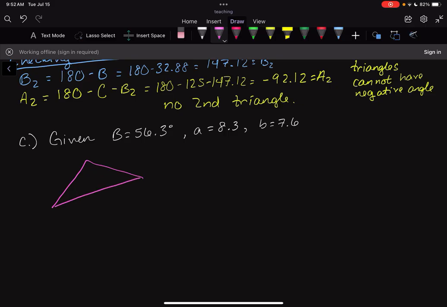So first, I just draw out my triangle, put everything wherever you want. It really does not matter. I'm going to put A up here, and then side A is 8.3.